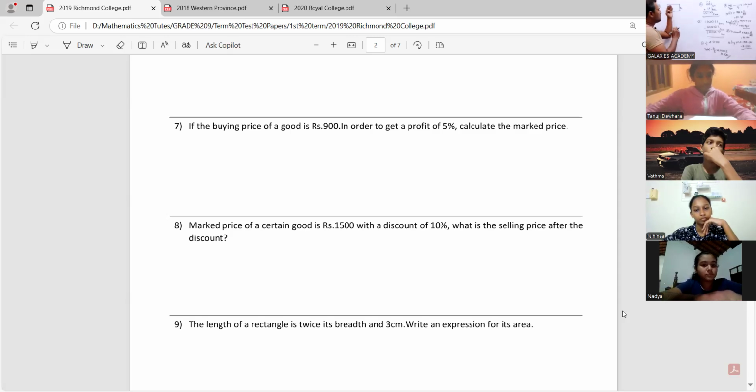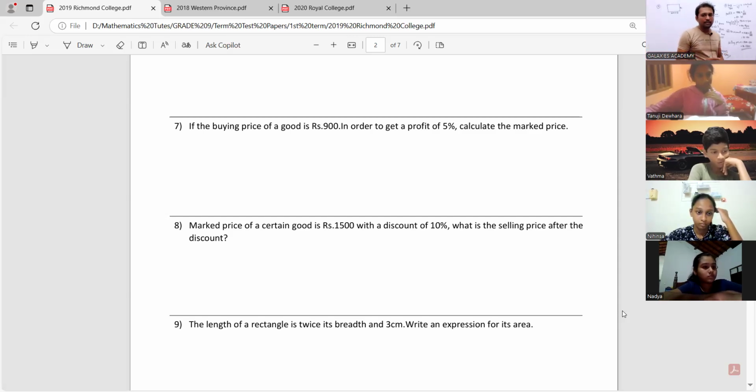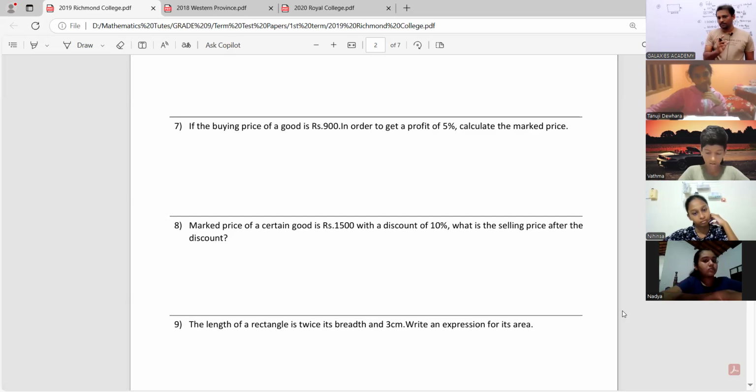Then the length should be twice the breadth and 3 centimeters. Twice means 2x, x multiplied by 2, and 3 centimeters more than that. So what is the length? 2x plus 3. Breadth is x, length is 2x plus 3.